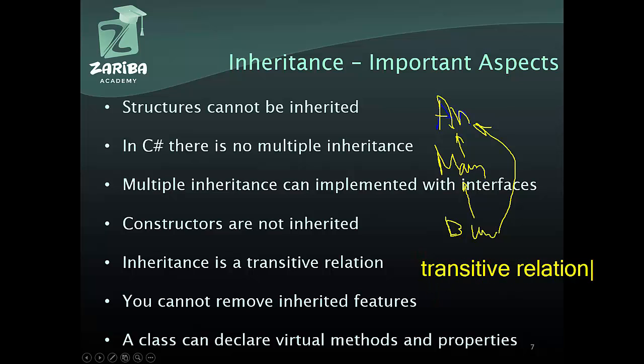And this is what we mean by transitive relation. It's something like in maths when I say A equals B and B equals C, therefore A equals C. So this is the same thing. So the mammal is an animal, the bunny is a mammal, so the bunny is an animal as well. You all got that?